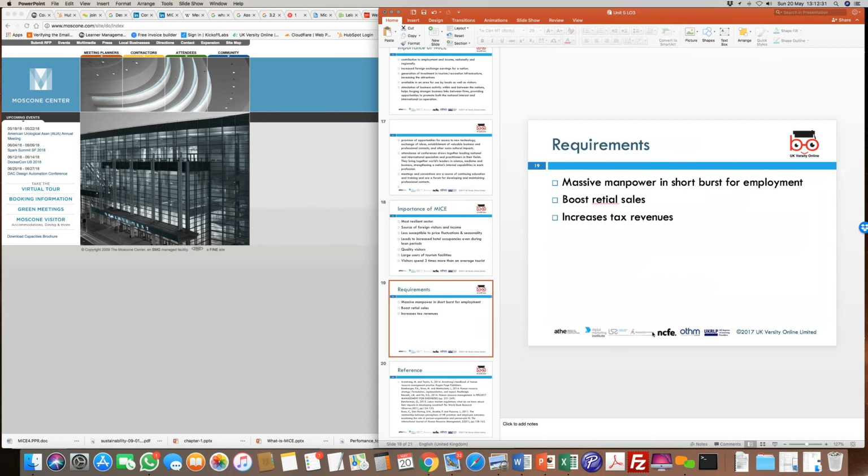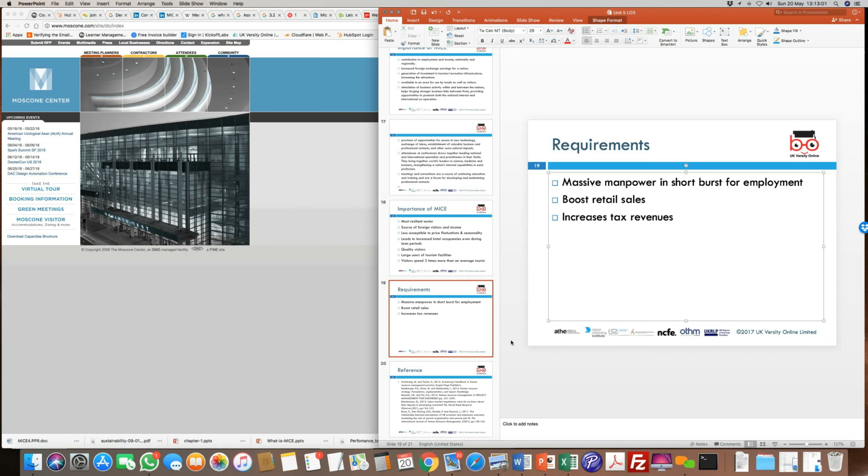And then the other thing is that in order for these events to happen, sometimes they need a massive influx of manpower, even for short bursts. Happening for 4 days, you will see there's a lot of demand for hostesses in particular, or people who are skilled in technical skills, and they get short-term employment.